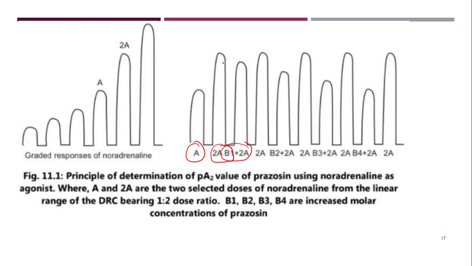So you can see from this the response height is decreased slightly from this 2A. So again we have to give the 2A response, and then we have to try out next molar concentration of antagonist, that is B2. So again further decrease in the response height, this decrease in the response height can be seen over here.